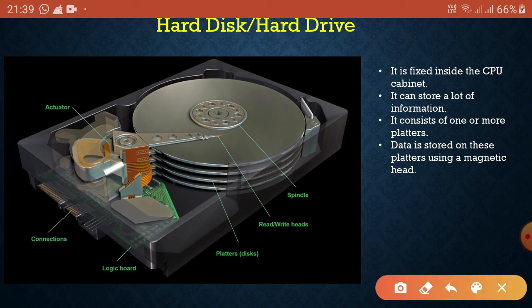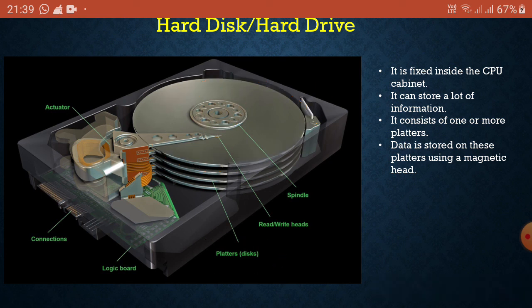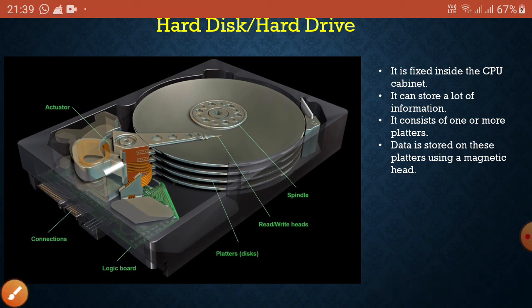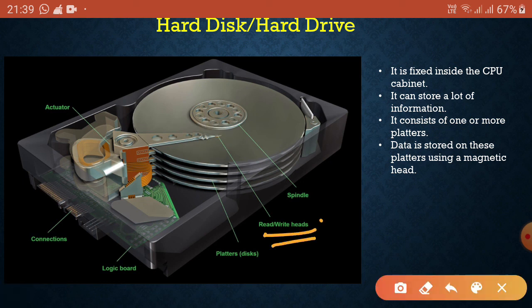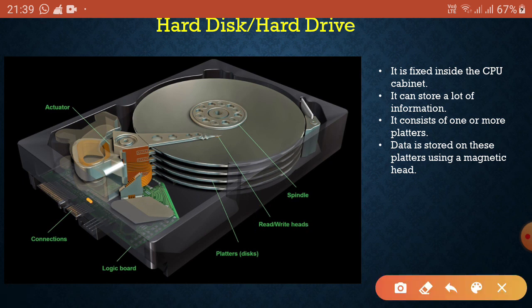So these disks are known as the platters. This is the spindle. And this point or the nib-like head is known as the read write heads. And these are connected to the computer, that means CPU.